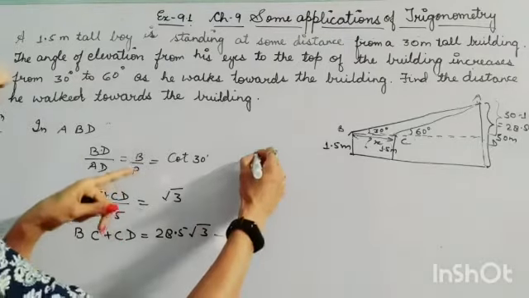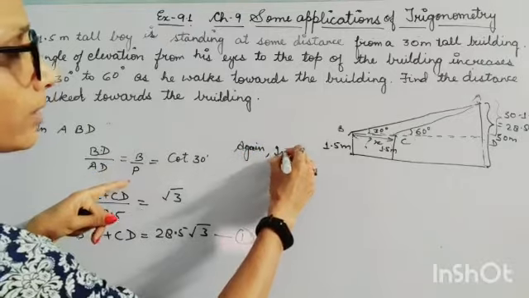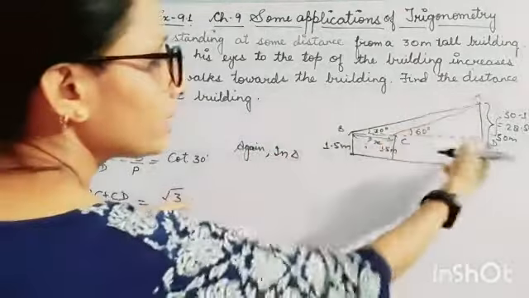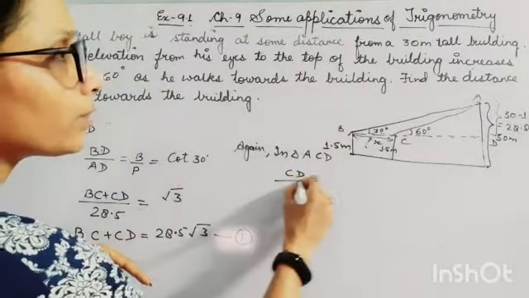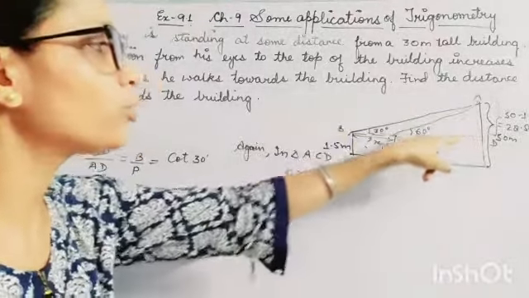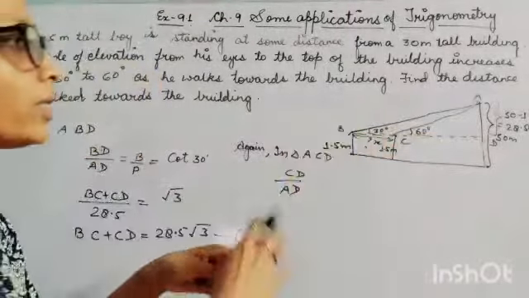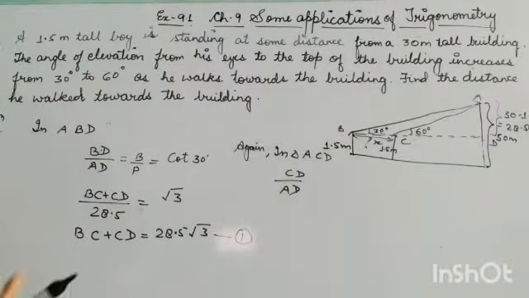Let's now take, again in triangle ACD, CD upon AD. Which two sides? One, the side which is given to you, and one which you want to calculate. Since in both triangles this is your common side, that's why I am taking AD.